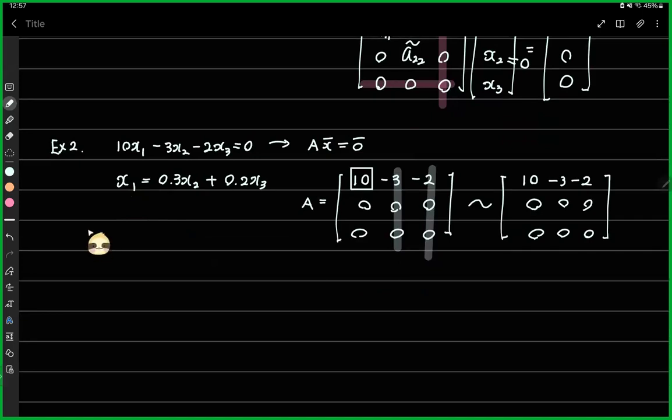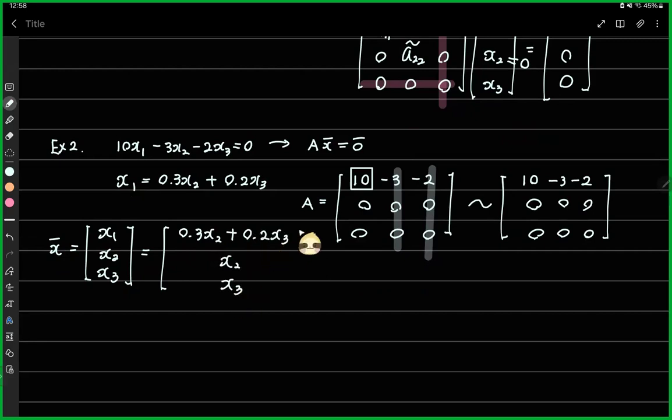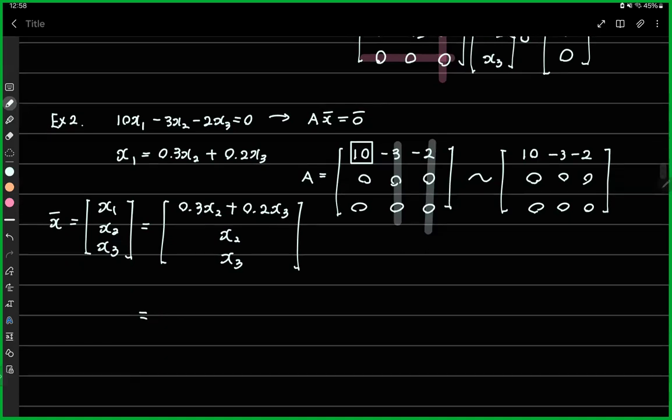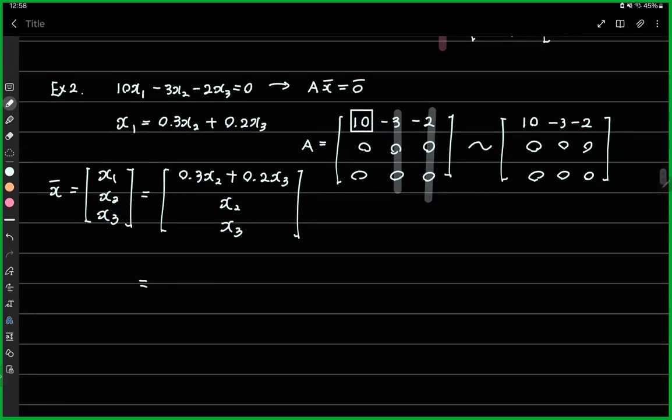So x bar is equal to x1, x2, x3, which is equal to 0.3 x2 plus 0.2 x3, and then here x2 and x3, right? What I'm doing is rewriting the x bar as parametric vector form, so we can figure out the description of the solution set.